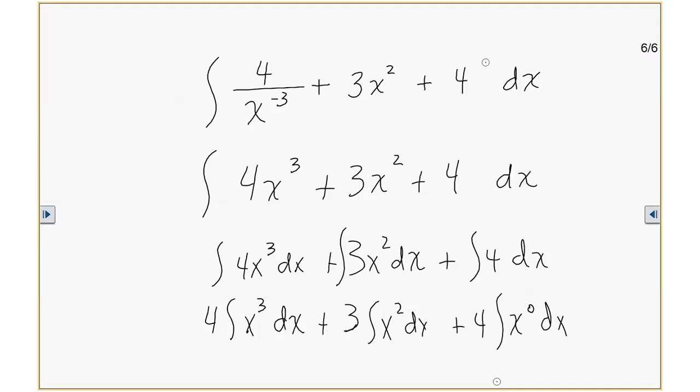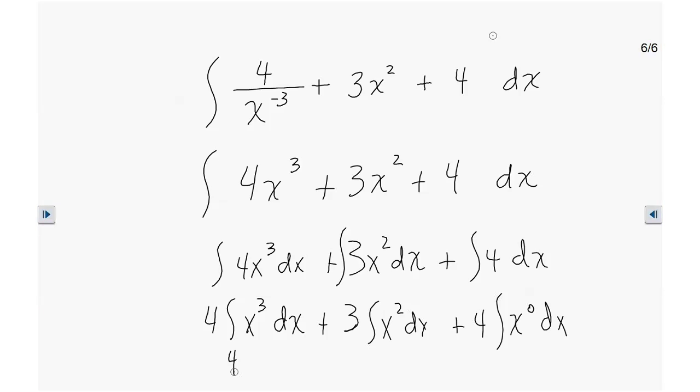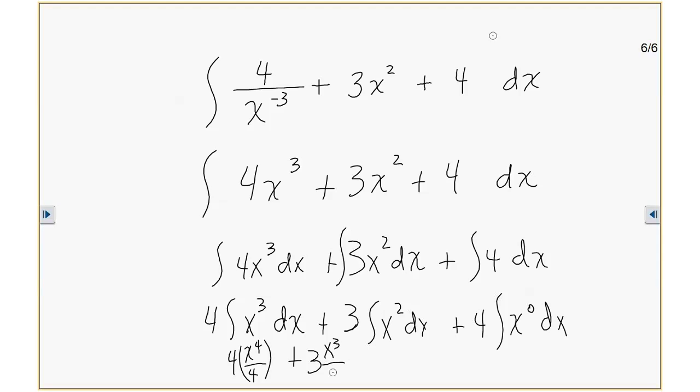Now take the antiderivative. So what's the antiderivative of x cubed? X to the fourth over what? 4. X to the fourth over 4.